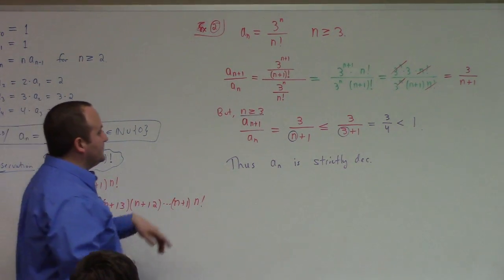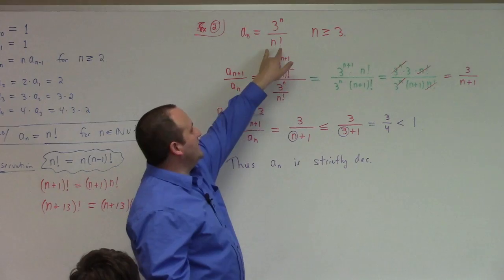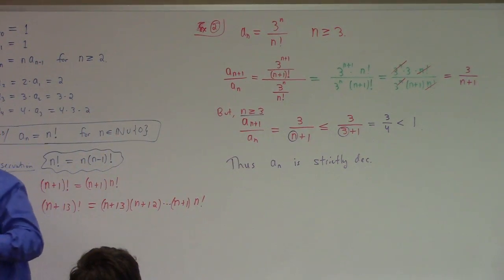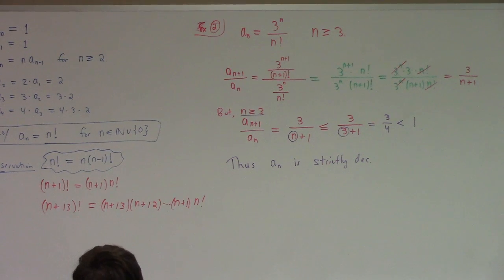And here's how it wins. Basically, n factorial is way, way bigger than 3 to the n pretty fast. You guys have calculators. You could try putting in 100 factorial. It will choke, almost certainly. You can't express it. Did it work?